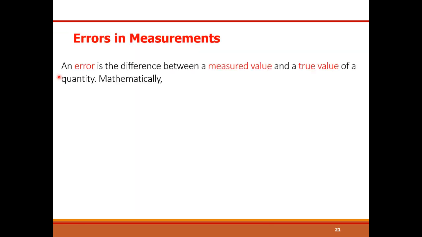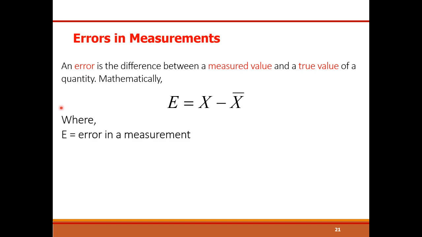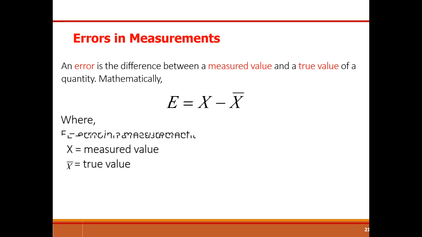An error is the difference between a measured value and a true value of the same quantity. Okay. Mathematically, it can be written as E equals x minus x bar, where E is the error in a measurement, x is the measured value, and x bar is the true value.